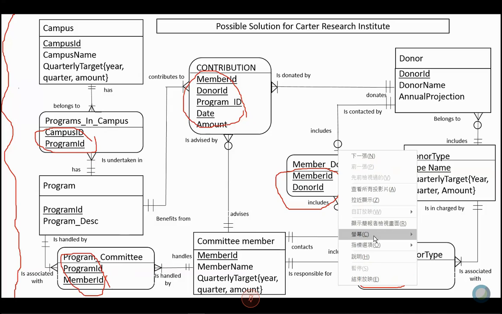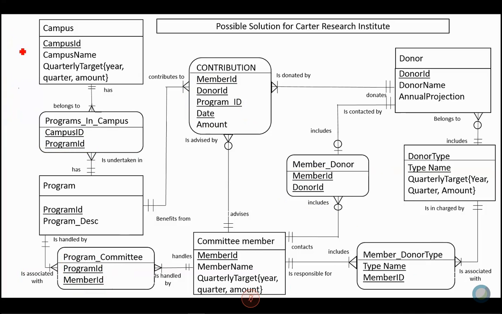And there's another interesting thing about quarterly targets. It's a multi-valued attribute for committee member, for campus, and also for donor type.